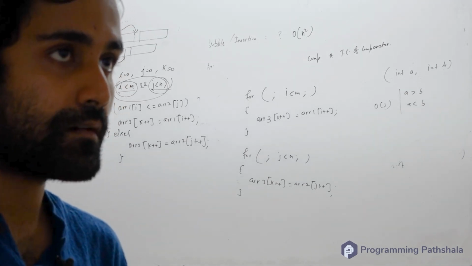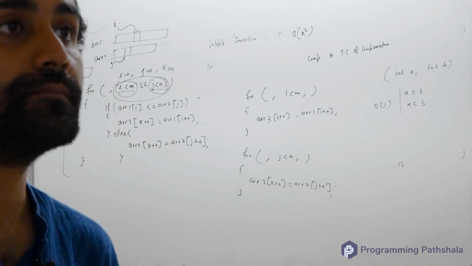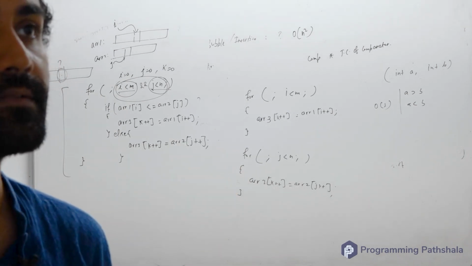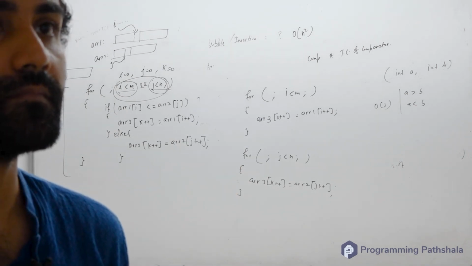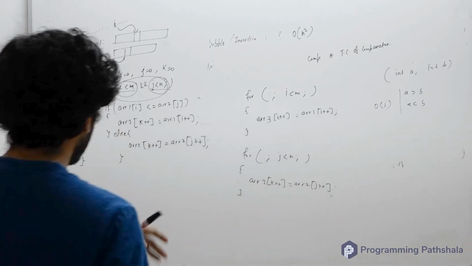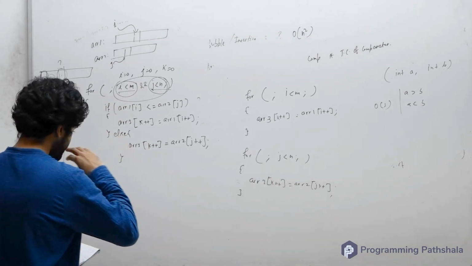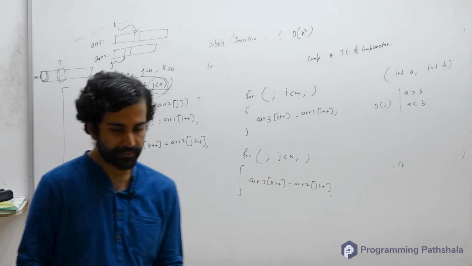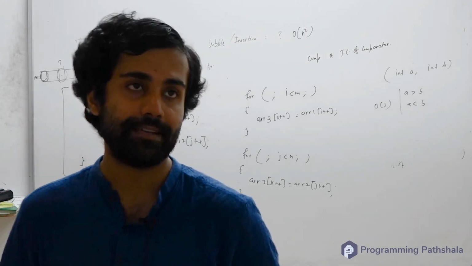Okay? Is it clear to everyone? How many of you understood this? Just say yes, those of you who got this. Right? So this is how it works, and the total number of operations that happened over here was m plus n operations.